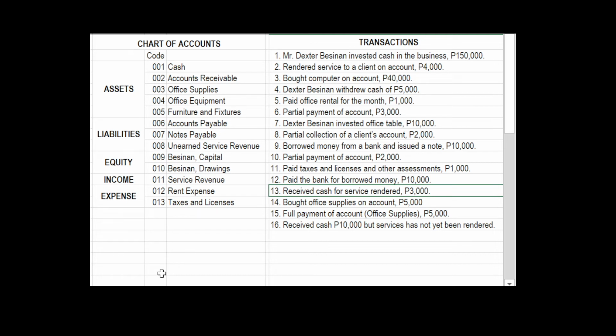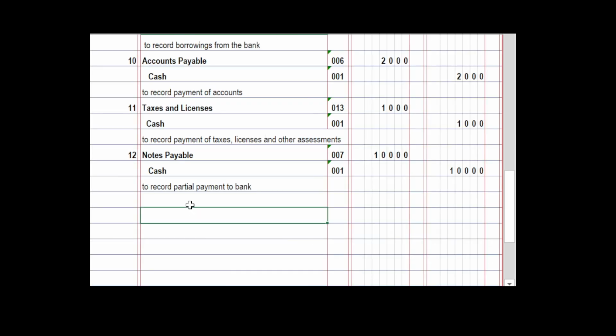Okay, nag-render tayo ng service, 3,000, and then naka-receive tayo ng cash, net 3,000. So, debit cash. And then, since nag-render tayo ng service, so meron tayong service revenue. Okay, so, in the amount of 3,000. So, 13, debit tayo ng cash, and then credit tayo ng service revenue. Ayan. So, 001.